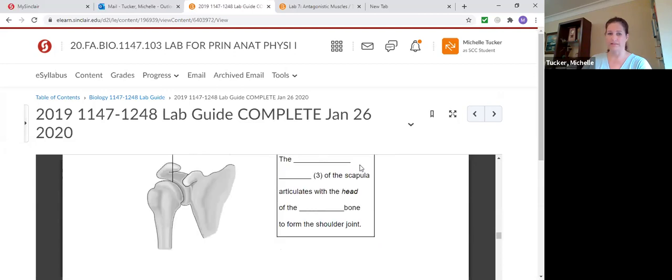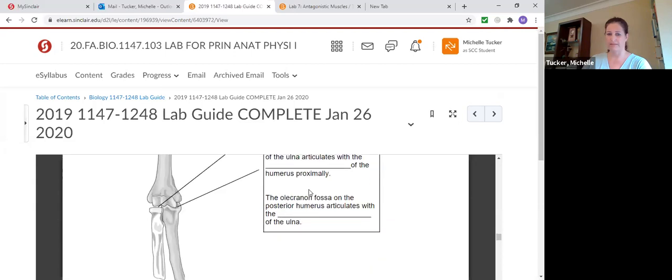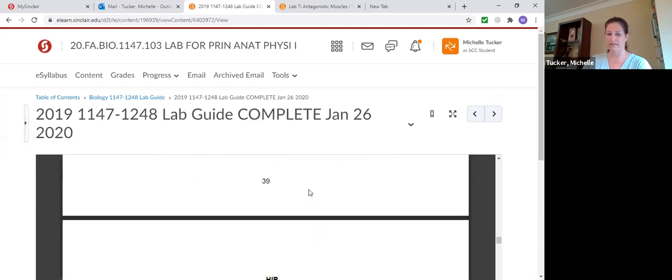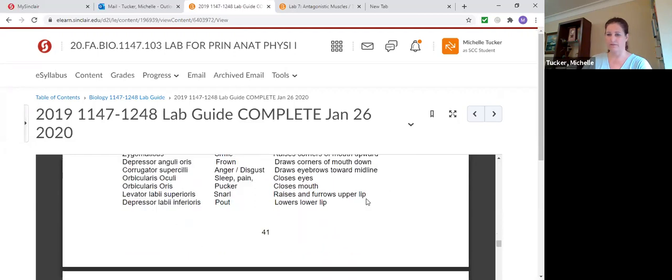So these articulations will be on the lab exam, and then it has a list of all the muscles that you need to know.